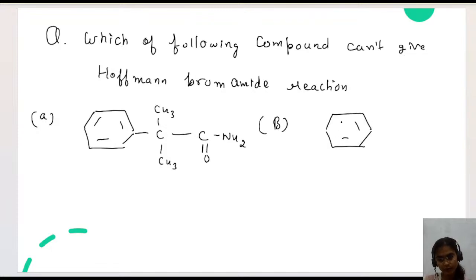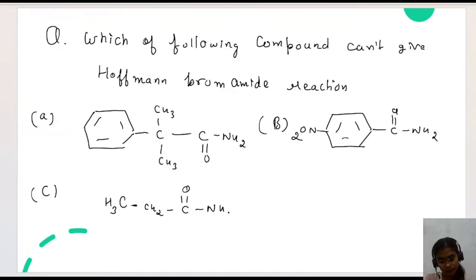Be noted. This is NO2. C, and option number D. So which of the following can't give Hoffmann bromamide degradation?